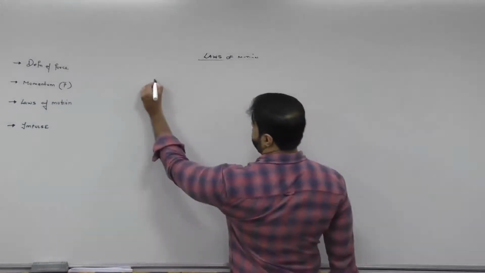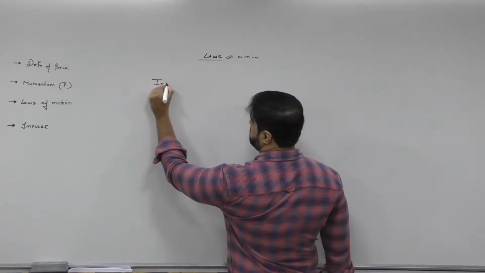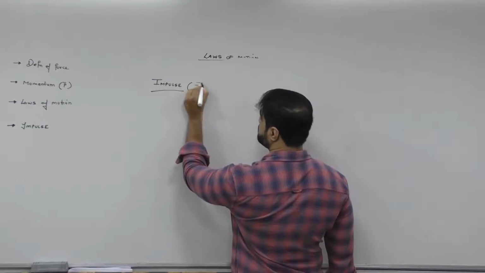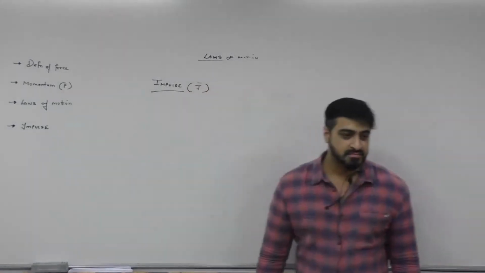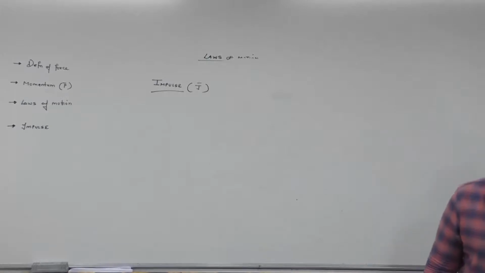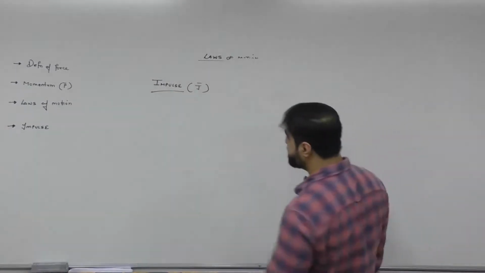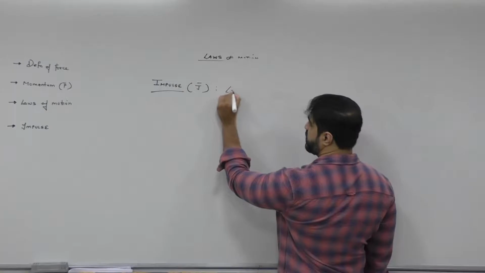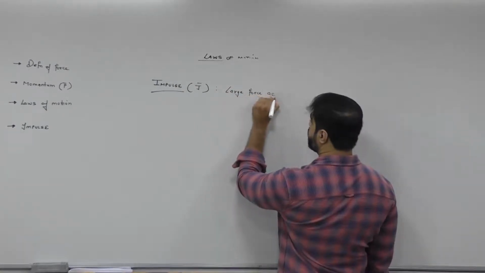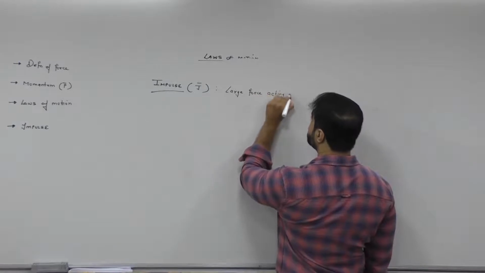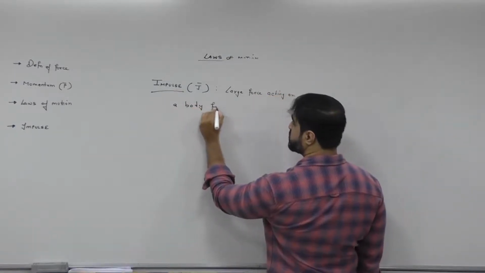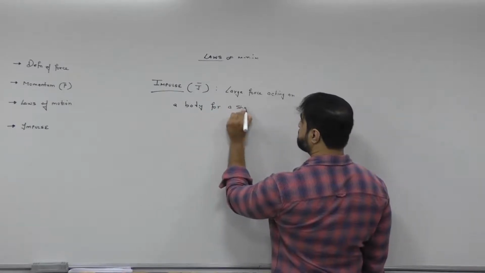Now we are studying impulse, denoted by the letter J bar. It's the notation for this term. J bar vector. Impulse is defined as a large force acting on a body for a short time.